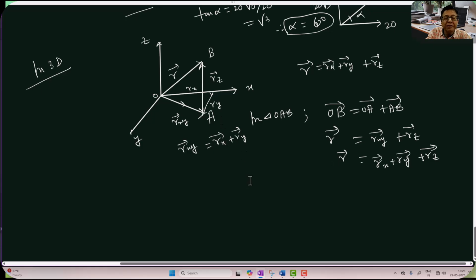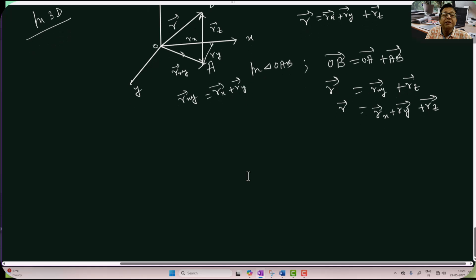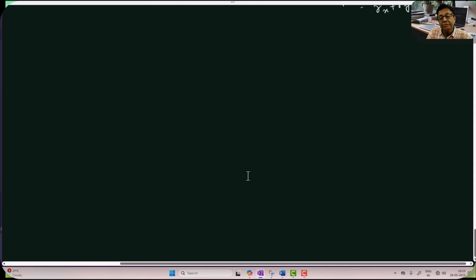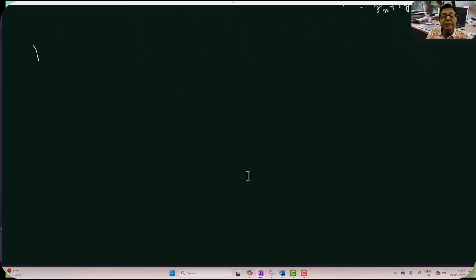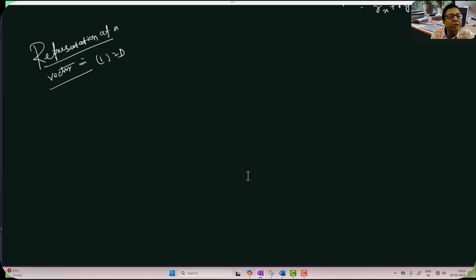Now a question arises, can we represent all those vectors in 2D and 3D by using the unit vectors? So I am continuing the topic actually, representation of a vector in 2D. How do you represent?